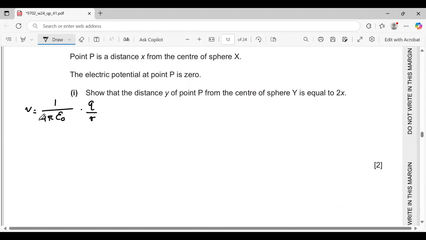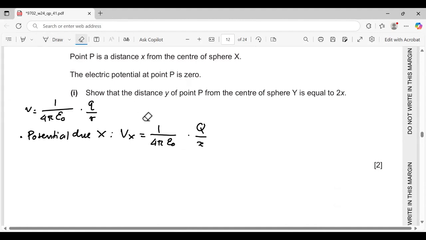Let's write the potential at point P due to each charge X and Y. The potential due to X is phi x equals 1 over 4 pi epsilon 0 times Q over x, so it's going to be Q over 4 pi epsilon 0 x.